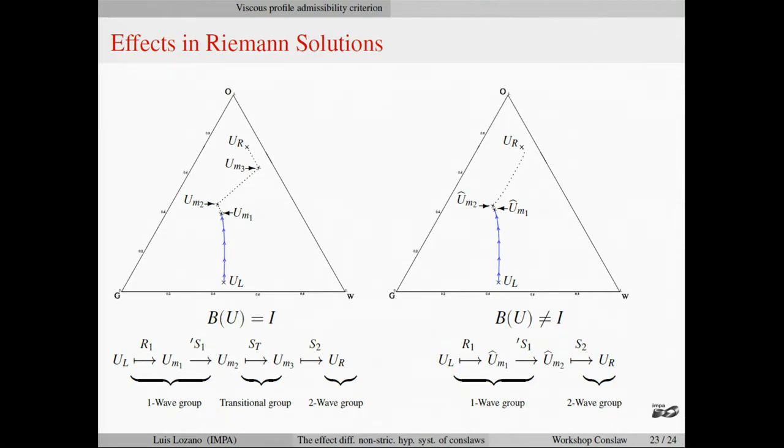And you don't use a transitional shock because when you change the matrix, the transitional shock over the separatrice is not admissible. And for this, you need to change the solution in the construction of the Riemann problem.